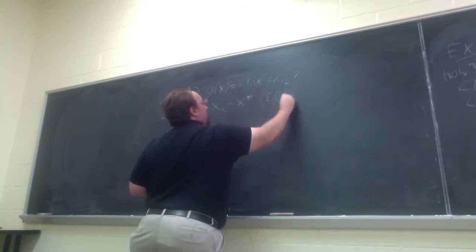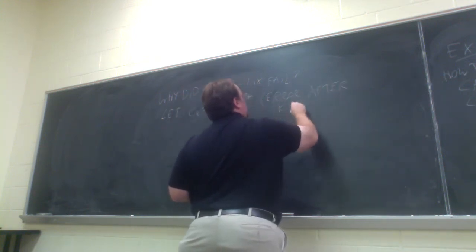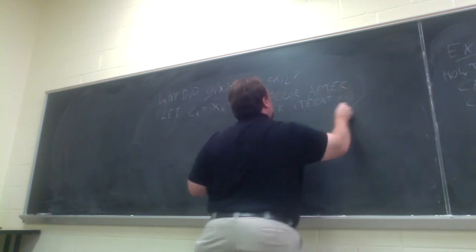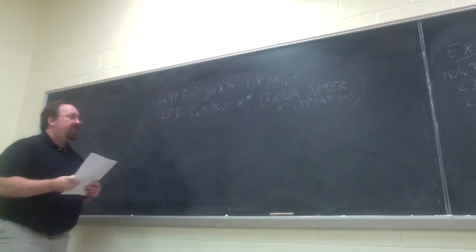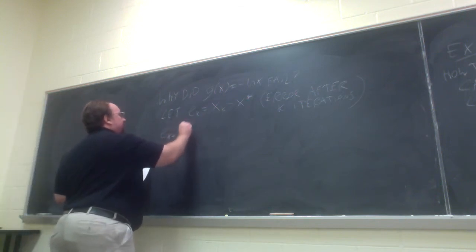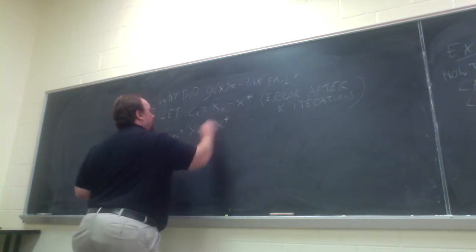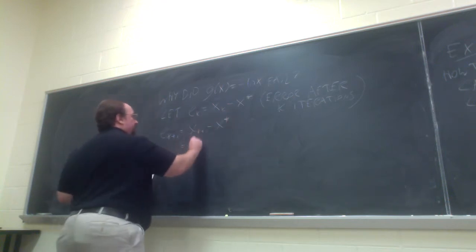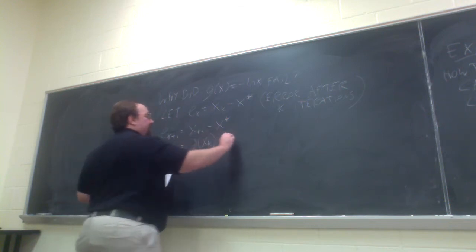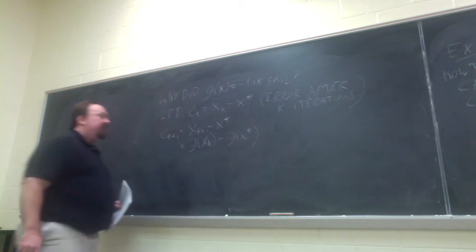So this represents the error after k iterations. Let's look at the error after k plus 1 iterations. That is x k plus 1 minus x star. But x k plus 1 is, by the algorithm, g of xk. And x star is equal to g of x star, because x star is a solution.